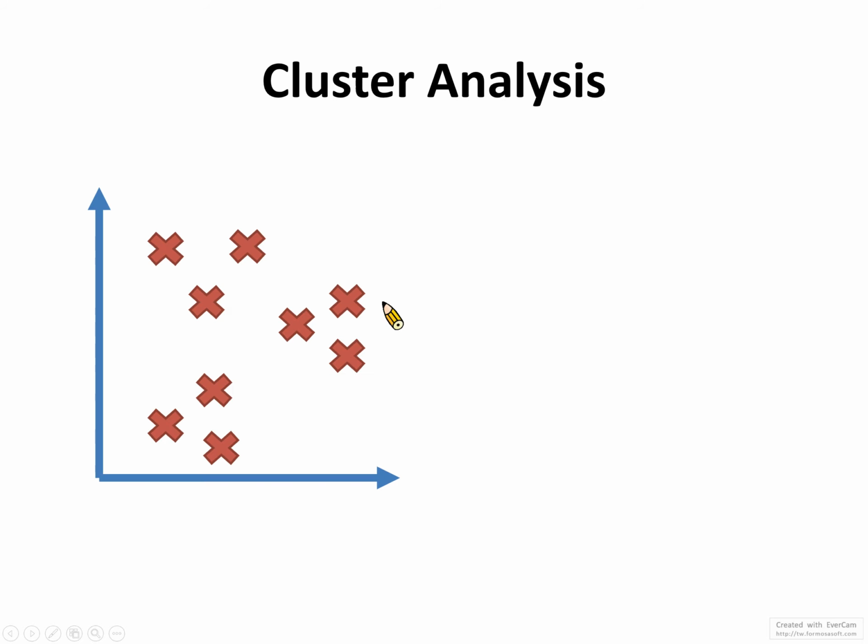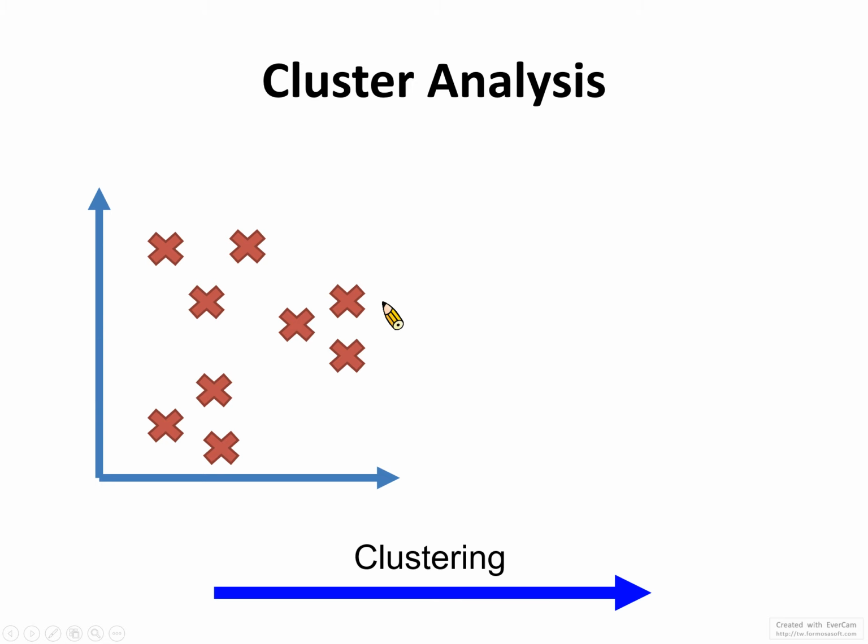Okay, so the basic idea behind K-means cluster analysis is that if we have data like this one, then you will probably see that these are one cluster, this is a second cluster, and this may be another cluster.